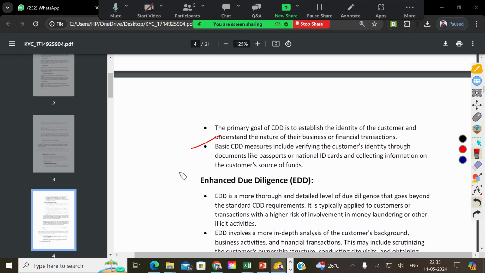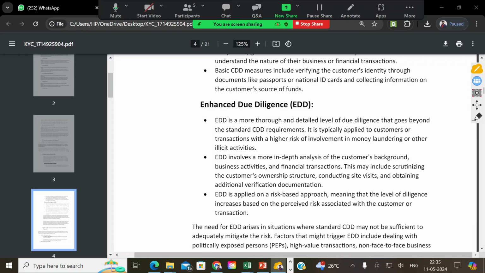Then another point is EDD. EDD means enhanced due diligence process. If you compare CDD and EDD with each other, EDD is a more thorough and detailed level of due diligence that goes beyond the standard CDD requirements, and it is typically applied to customers or transactions with a higher risk of involvement in money laundering or other illicit activities.